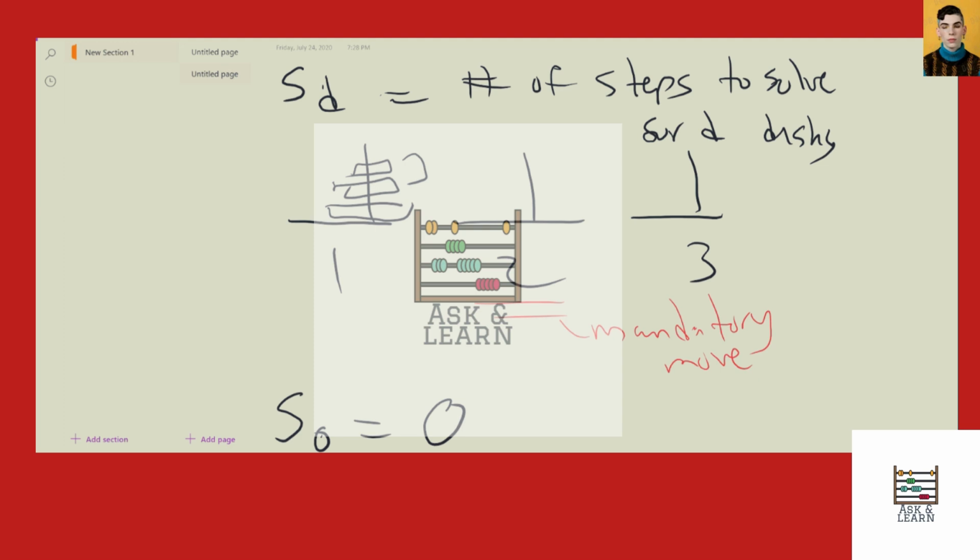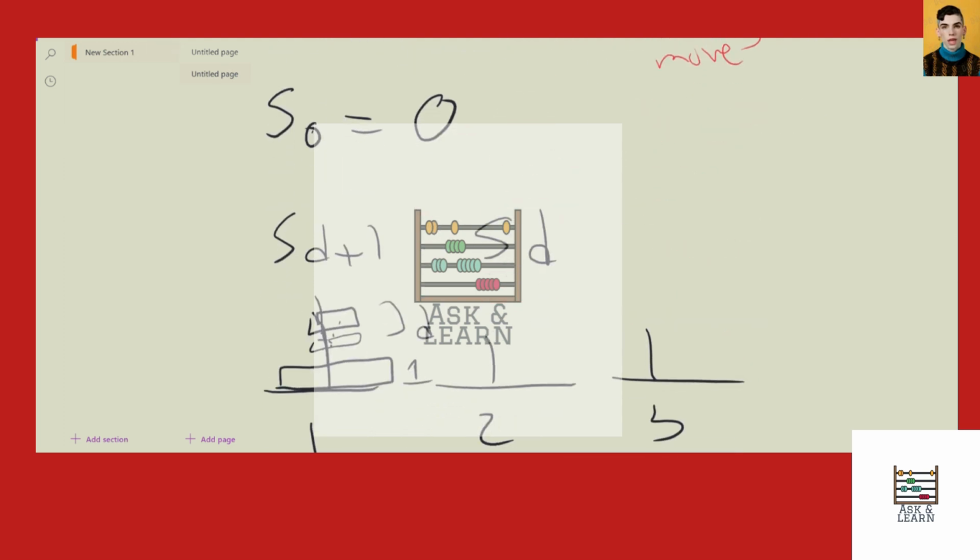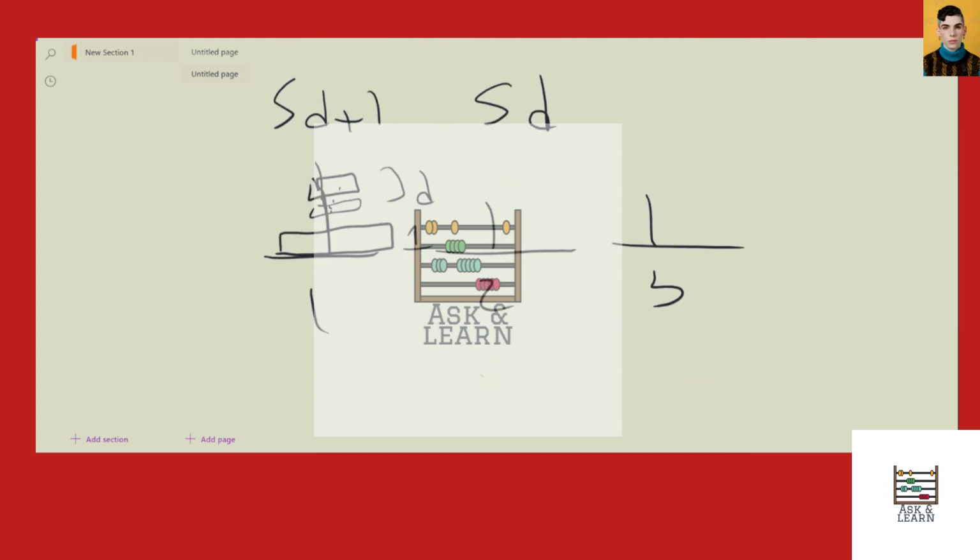Well, we know if there's zero disks, it's just zero moves. And then for D plus one disks, first you have to solve for D disks, and then you have to move the last one. So you would keep the bottom disk there and move the other D disks to peg 3.